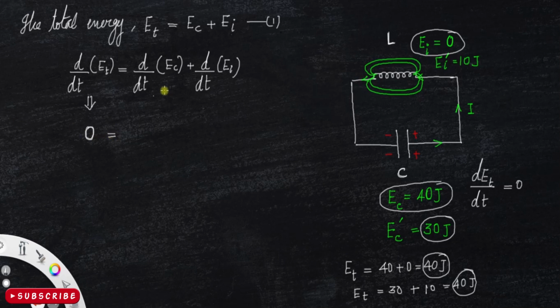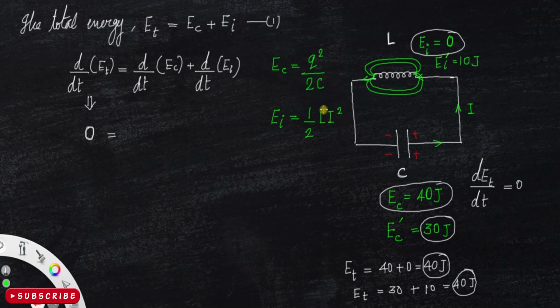Clear? And we know the energy across the capacitor at any instant will be Q square by 2C. We already derived this expression in the session before. If you have any doubt, you can go and check the video in the session, the energy stored in a capacitor. Similarly, the energy stored in the inductor is half Li square.